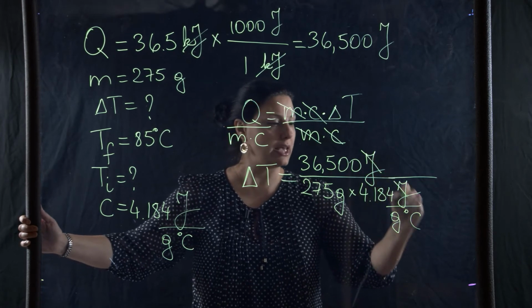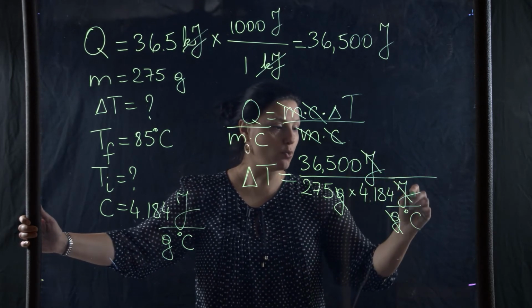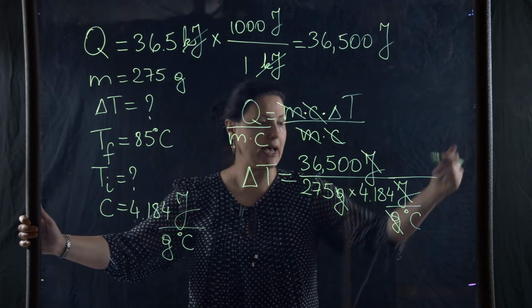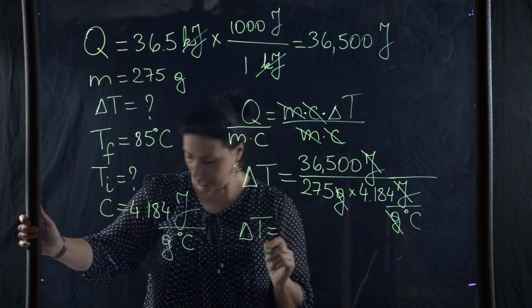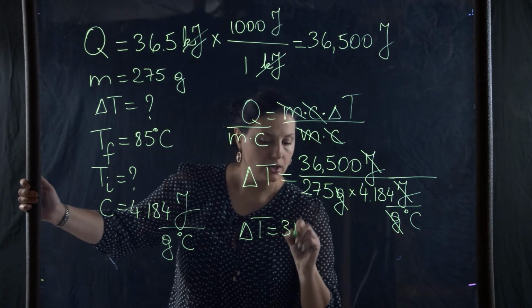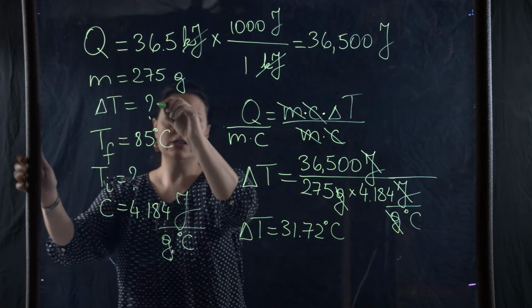My joules will cancel, my grams will cancel. This is 1 over 1 degree Celsius, which flips the degree Celsius up on top. Delta T is going to be equal to 31.72 degrees Celsius. So I found this one.